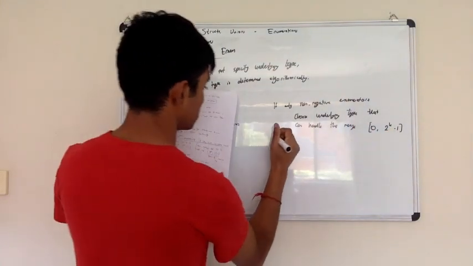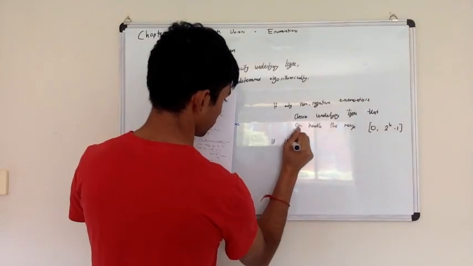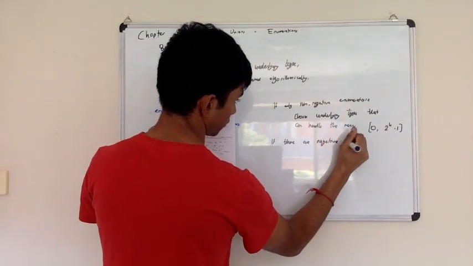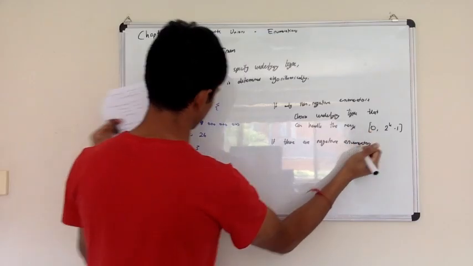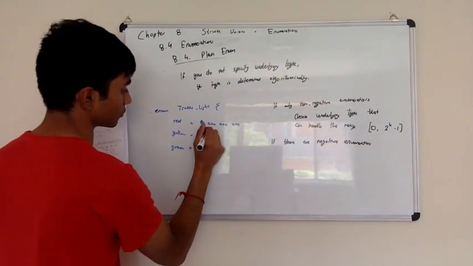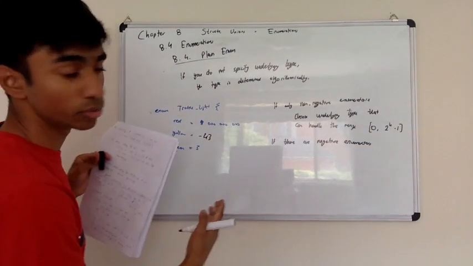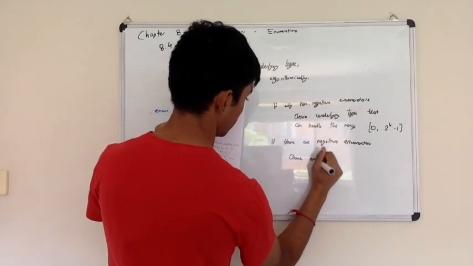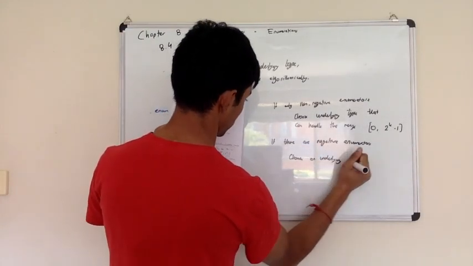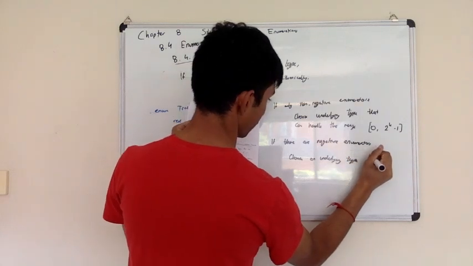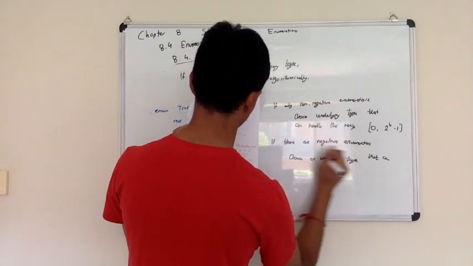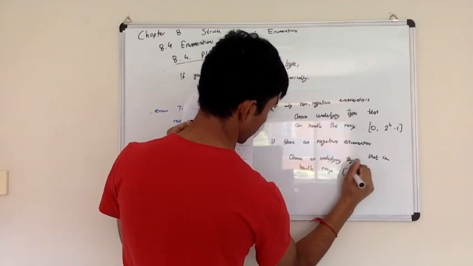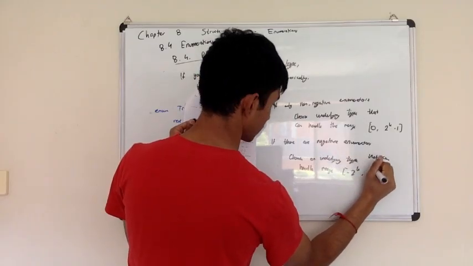In a similar sense, if there are negative enumerators, so instead of 26 we have negative 43, now we have a negative enumerator, choose an underlying type that can handle the range minus 2 to the power of k to 2 to the k minus 1.